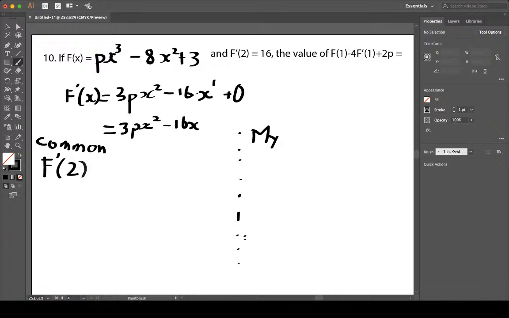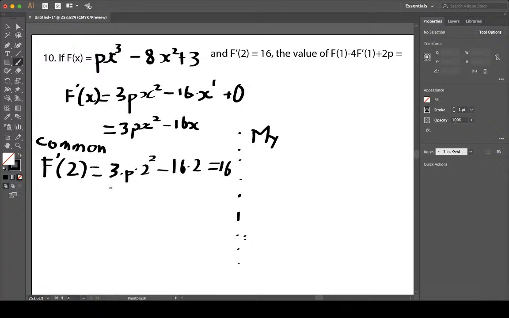Because we know that function derivative of 2 is 16. That means that we can actually try to find what p is. So plug in the 2, so that will be 3 times p times 2 squared minus 16 times 2 would equal to 16.